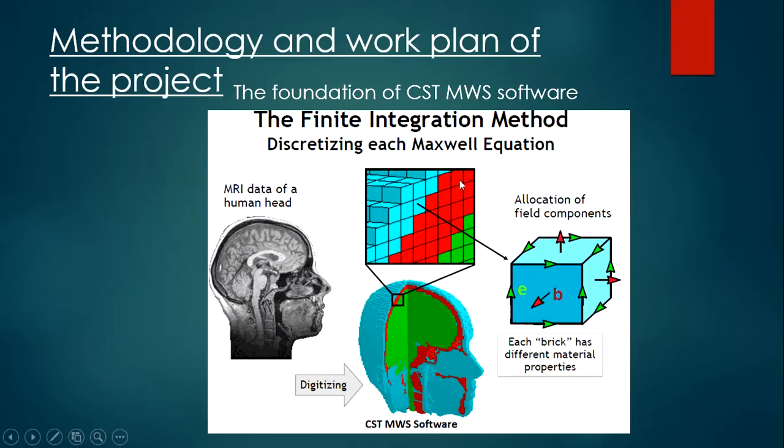So what is the foundation of CST Microwave Studio software? This software makes use of the finite integration method. In layman's terms, it models a 3D diagram in such a form that when you zoom in, you can see it is just small square cubes. The software solves the Maxwell equations in each small cube and adds everything together to model the 3D structure, so that the overall field equations can be solved with this simple method instead of solving the complicated 3D model directly.